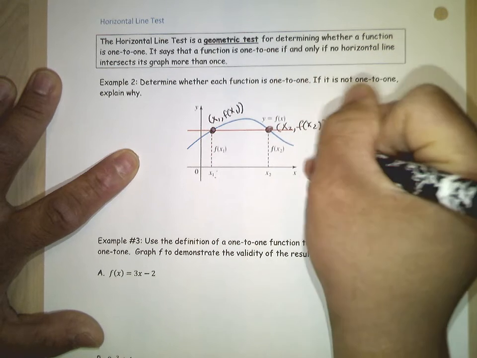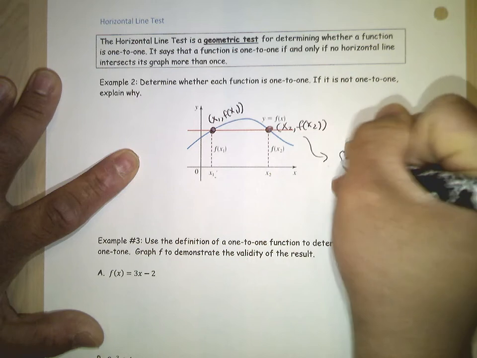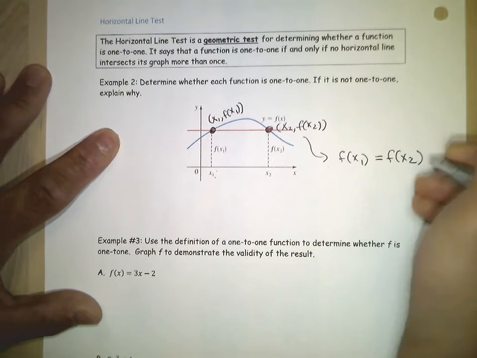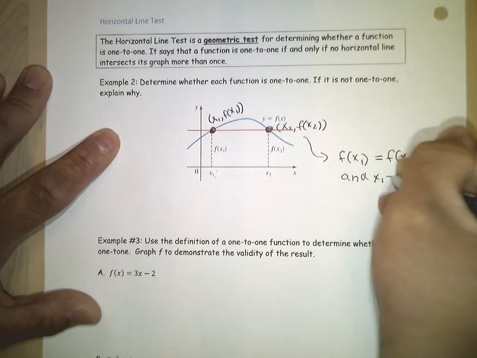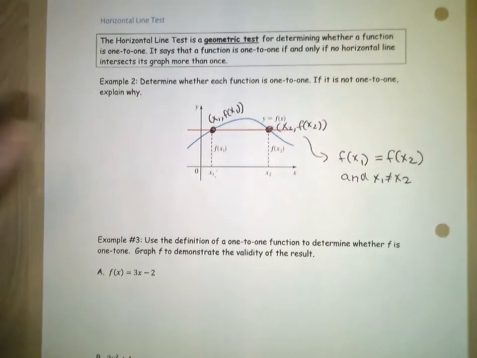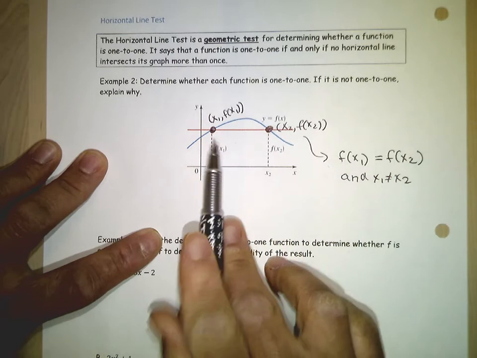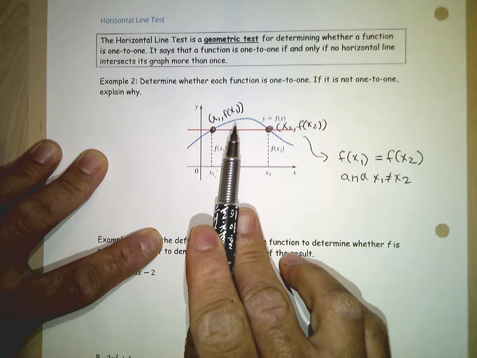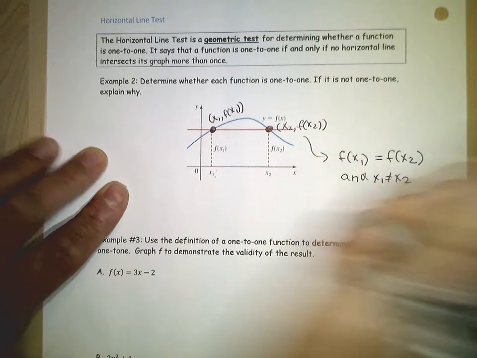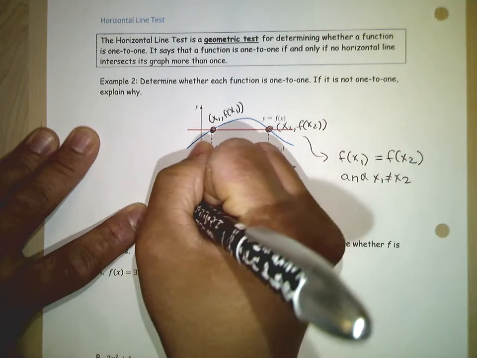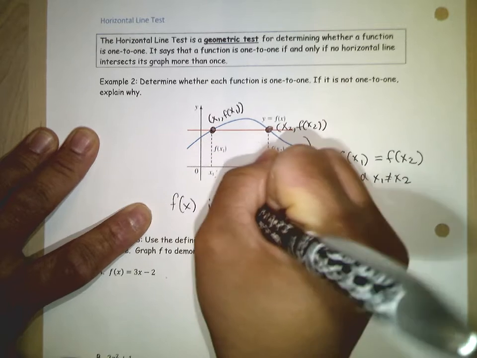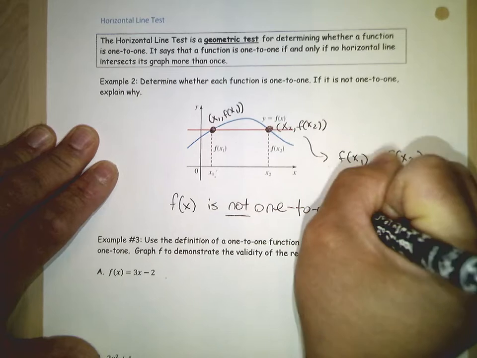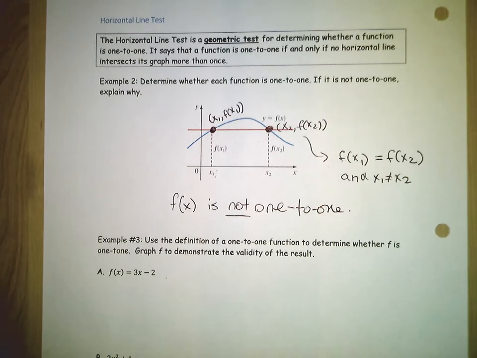So f of x1 equals f of x2, and x1 is not equal to x2. These two y values should not be the same if the function is to be one-to-one. So f of x is not one-to-one, and we can tell this by just drawing a horizontal line.